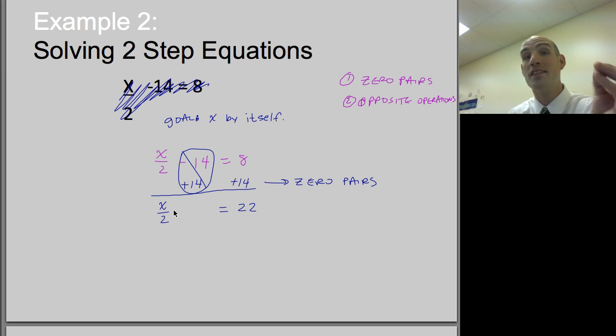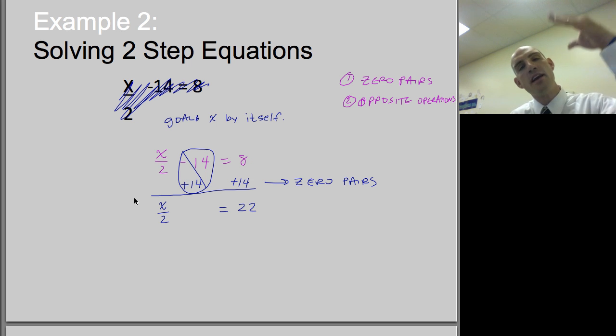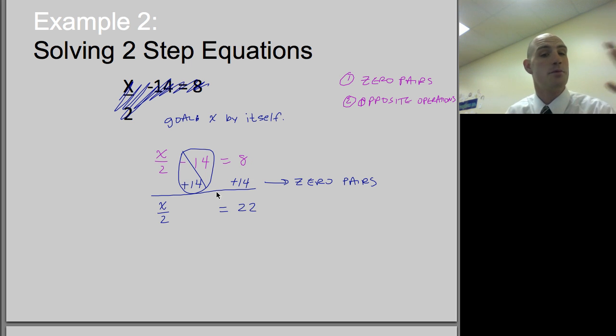Notice, I haven't done anything with that 2 yet. Now, I'm dividing x by 2. This looks like an equation that we've done before. And so to undo division by 2, I'm going to multiply by 2 on both sides. Okay, these cross out. And this is going to be opposite operations.